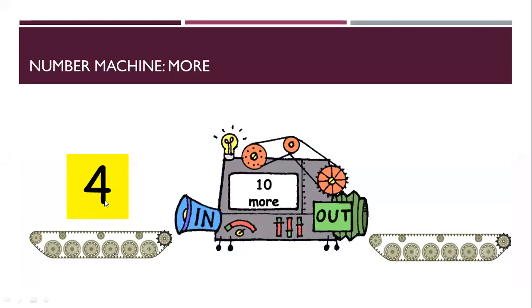If we put 4 in input, the machine is going to add 10 more. What is going to be the answer? Output is going to be 14. Okay, one more example, then we are going back to the book.